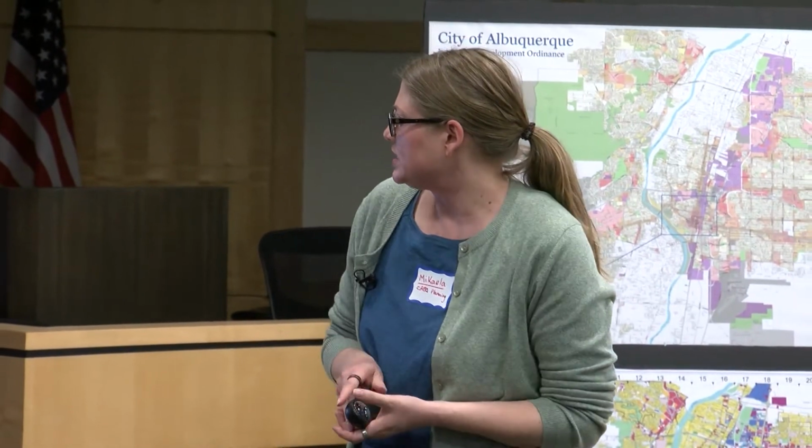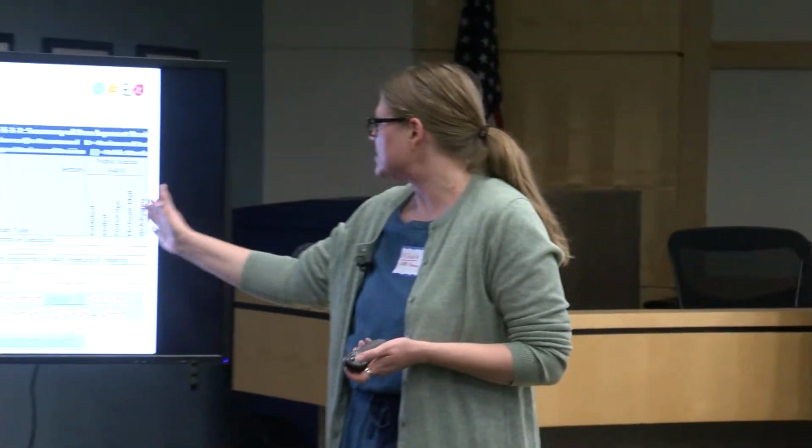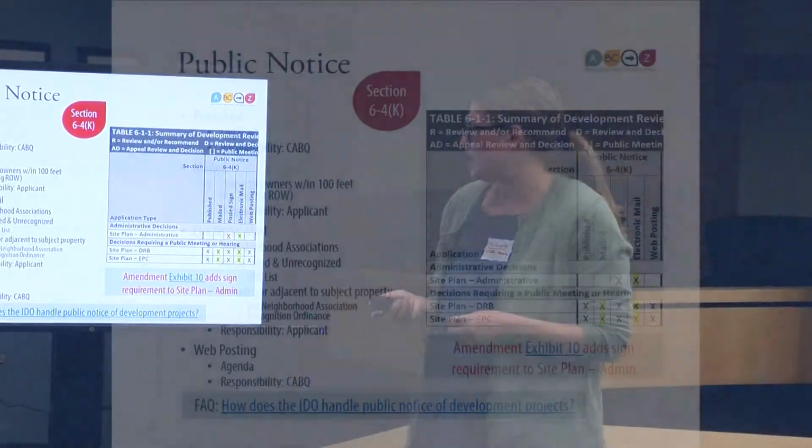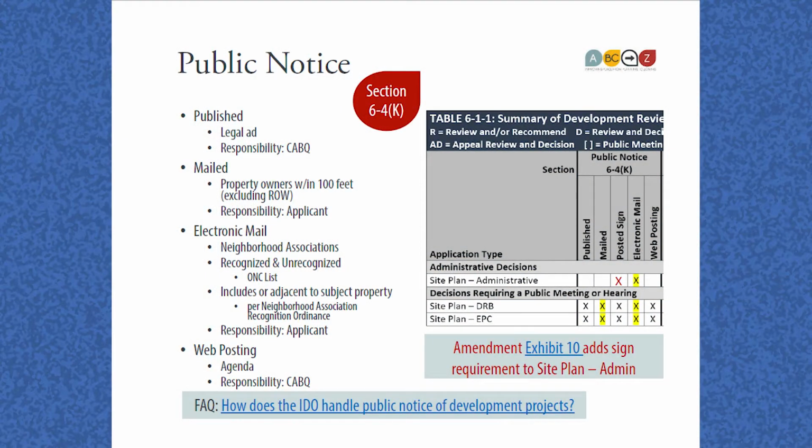I think I've talked a little bit already about each of these kinds of notice that might be required, and again, specified for each of those decisions in Table 611. In terms of the responsibilities, it's all spelled out in Section 64K of the Integrated Development Ordinance, so it specifies what's the type of notice, who's actually doing it, how do they do it.